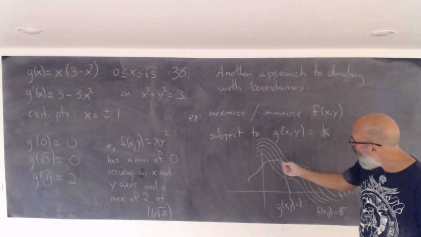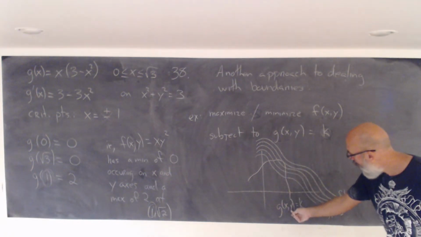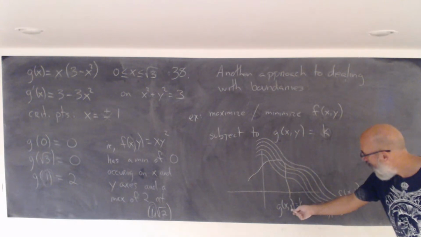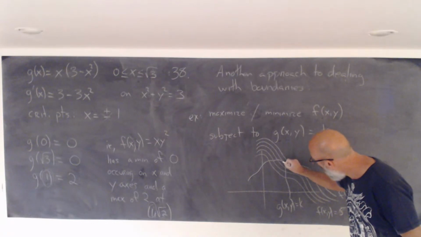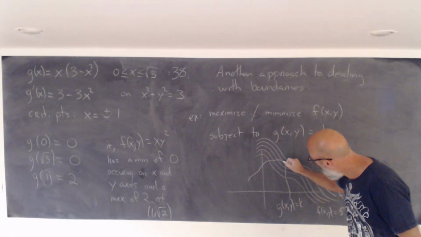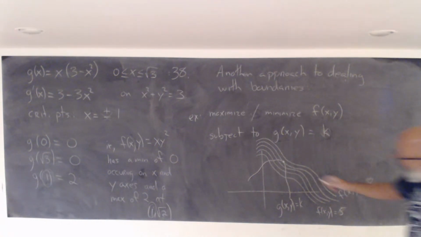What is the largest c which this function intersects? Well, according to the picture we have here, it's f of x, y equals 8.